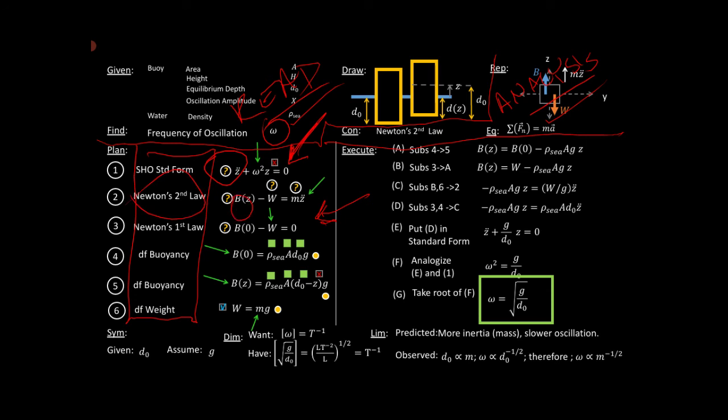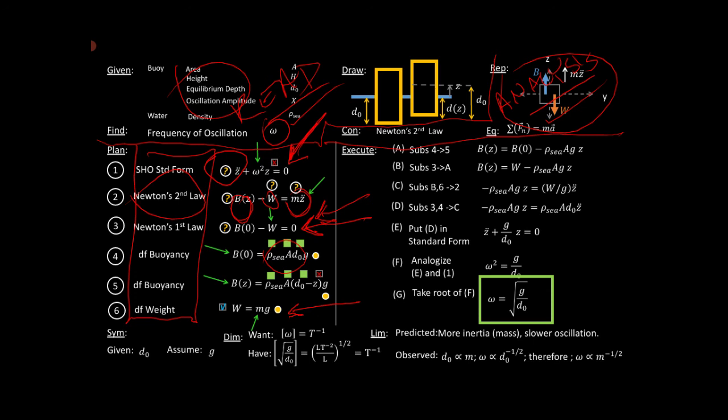I make my substitutions where I have to. Right here I'm using the free body diagram. This is just from Newton's laws. When I come over here, I'm using substitutions from my buoy. I'm trying to figure out something about the weight. I've got two choices. I've got my definition of weight down here, but I don't know m, and I've got my equilibrium position, or my equilibrium from the buoy, right?